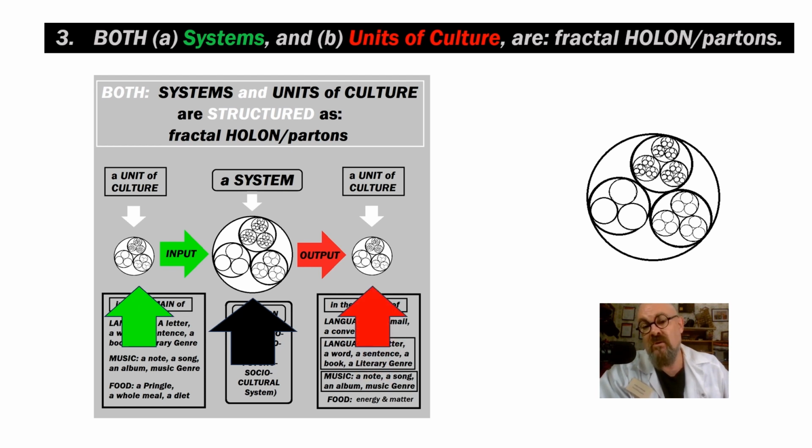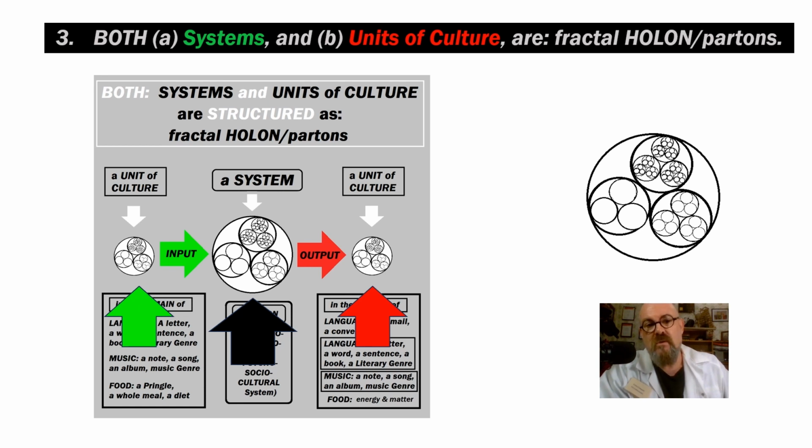So we have another unit of culture over there. In that case, it's the same unit of culture being repeated, but you can also combine 2 or more old units together to get a new unit, such as portmanteau words, but we won't get into that now. That's all in the EvCult textbooks.